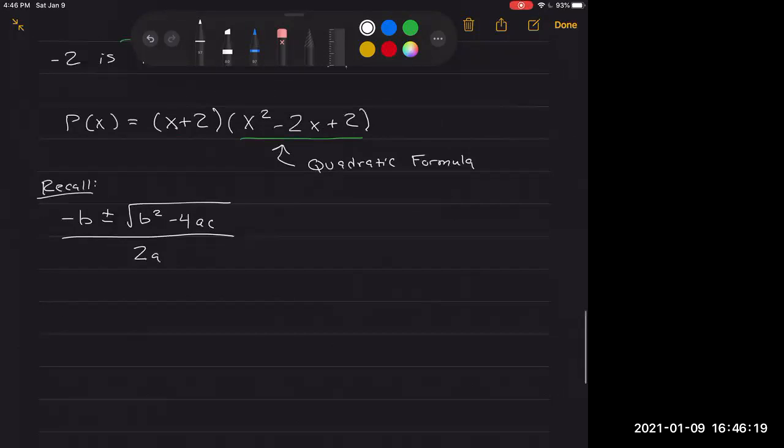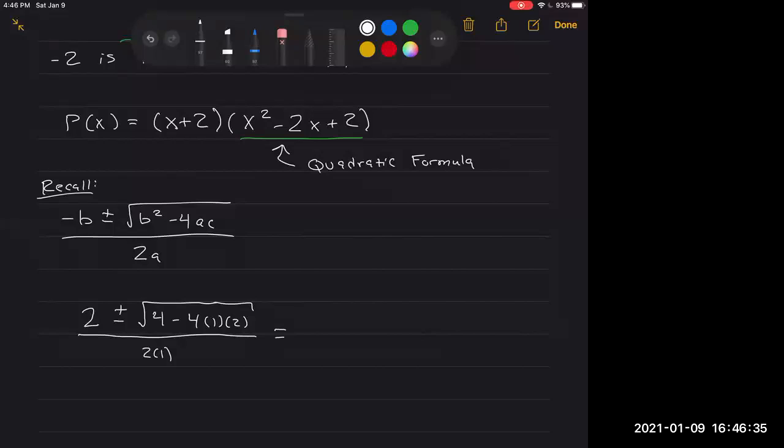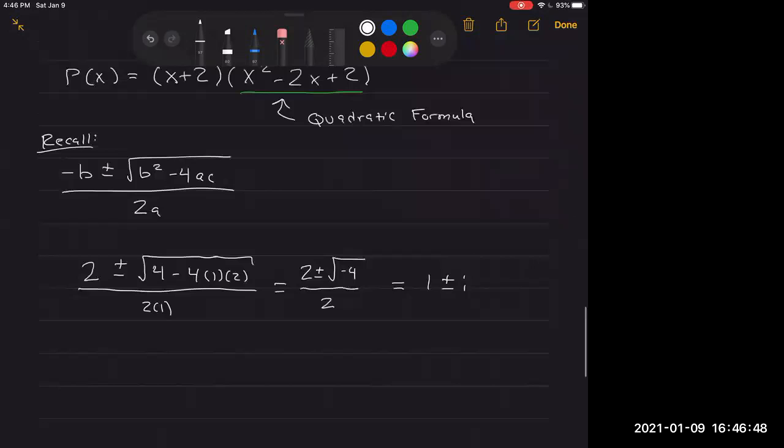So if we were to do this, we would get 2 plus or minus the square root of 4 minus 4 times 1 times 2, all over 2 times 1. Well, then this simplifies down into 2 plus or minus the square root of -4 over 2, which if we simplify, this becomes 1 plus or minus i. So our zeros are -2, 1 plus i, and 1 minus i.